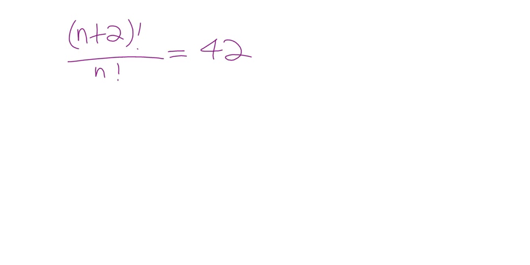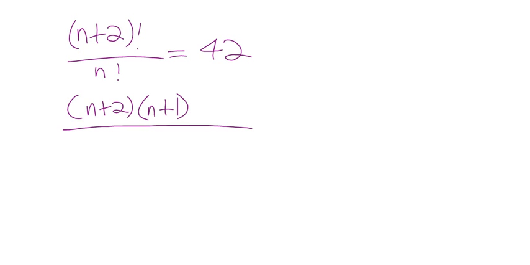Okay, how are we going to solve this? What's bigger? n plus 2 or n? n plus 2. What are we going to do with the n plus 2? Expand it. n plus 2 times what? n plus 1. Stop now? No? Then what?